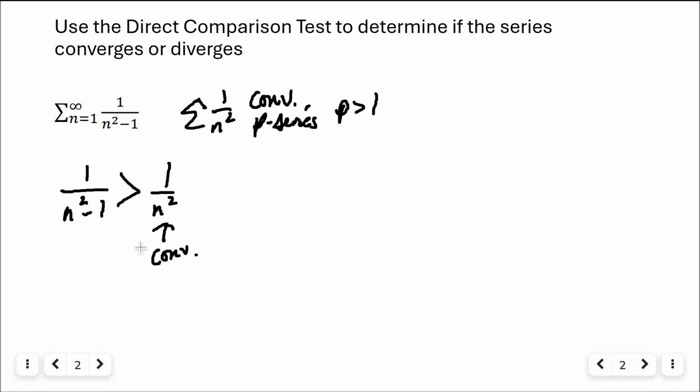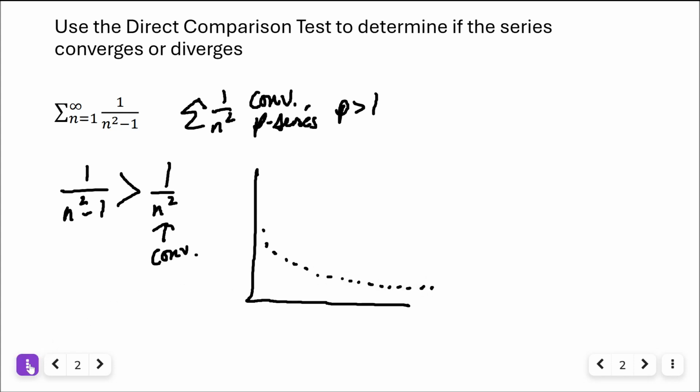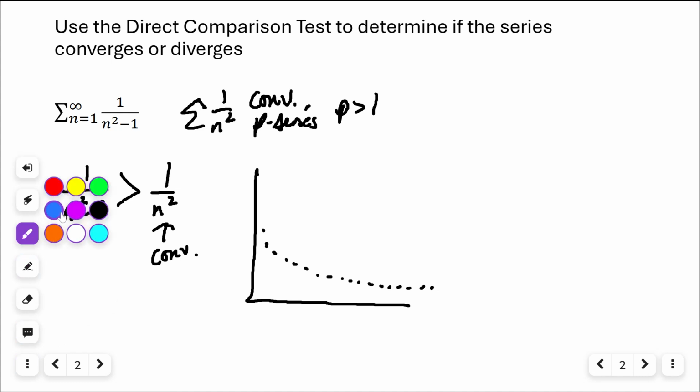I know that the series that's smaller converges. So again, if we go back to our little pictures that we had before, here's my series that converges. But then I have another series, 1 over n squared minus 1, that's larger than 1 over n squared, right? I know this one converges. The question is, what does this series do?